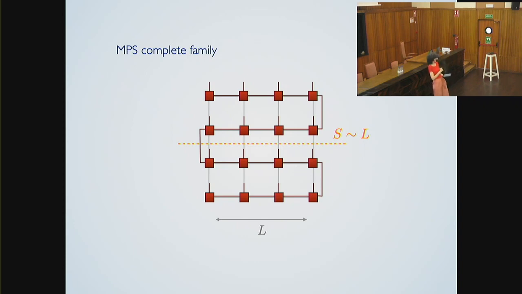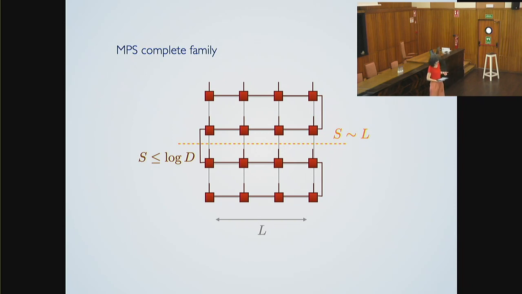As I mentioned before, the MPS has an upper bound on the entropy, given by the logarithm of the bond dimension. The intuitive picture is that the bonds support the entanglement, up to how big the dimension of the bond is, and the entropy that I can have is upper bounded by the logarithm of this bond dimension.